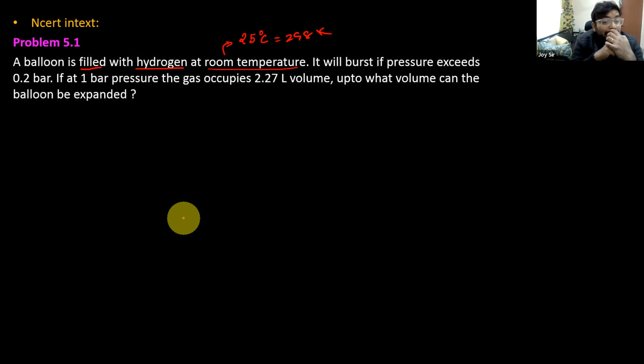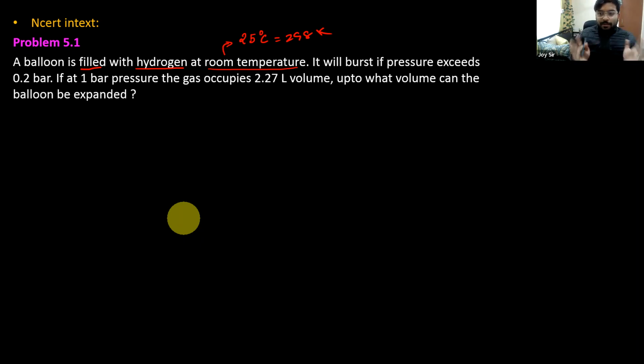If at 1 bar pressure the gas occupies 2.27 liter volume, up to what volume can the balloon be expanded? What will be the maximum volume of the balloon? Because if it exceeds 0.2 bar, the balloon will burst. So you can inflate it up to 0.2 bar, and if inflated beyond that, it will burst. So at 0.2 bar, what will be the volume of the gas or the balloon?